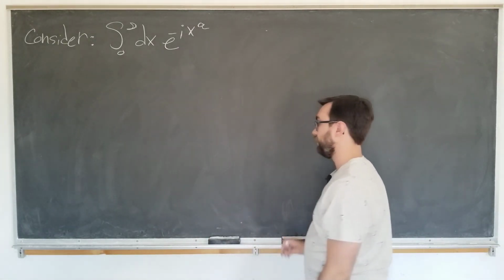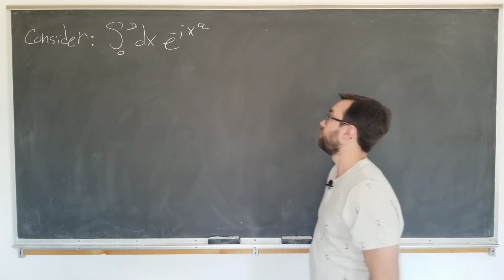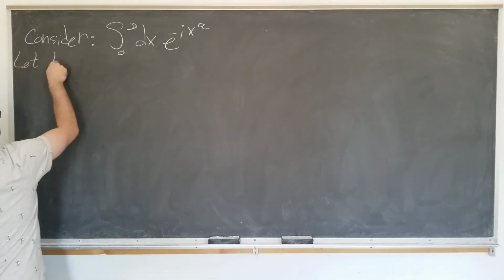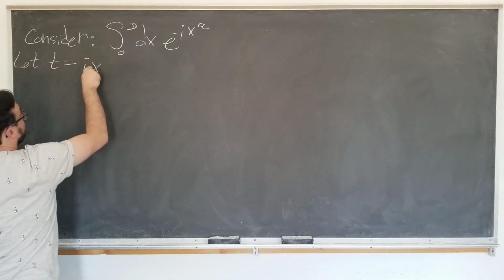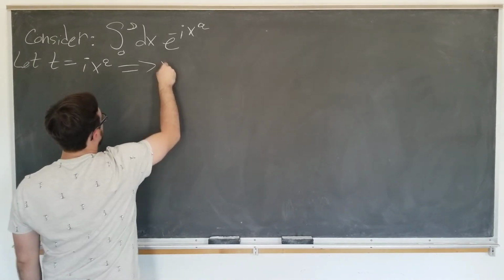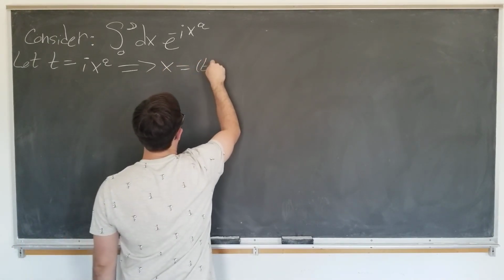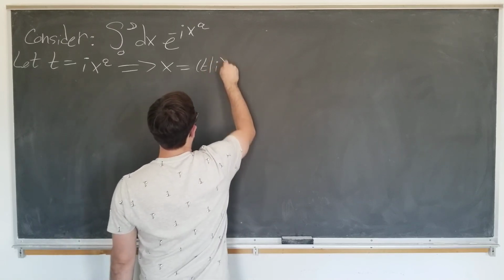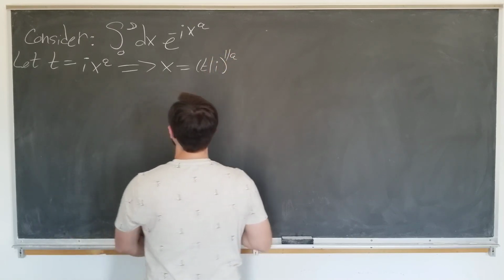So now we can make an obvious u substitution. We're going to define our new variable t to be i x to the a, which immediately tells us that x is equal to t over i to the 1/a power. Pretty easy.